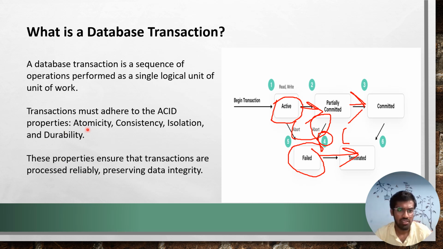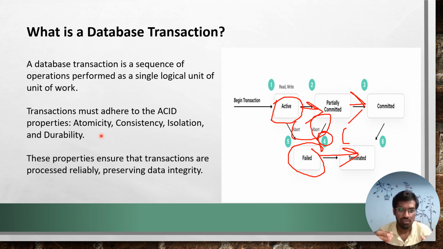A transaction must satisfy the ACID properties. ACID denotes atomicity, consistency, isolation, and durability. Atomicity means dividing the solution into multiple parts and individual pieces, and finally merging them, so the problems are merged and solved very easily.